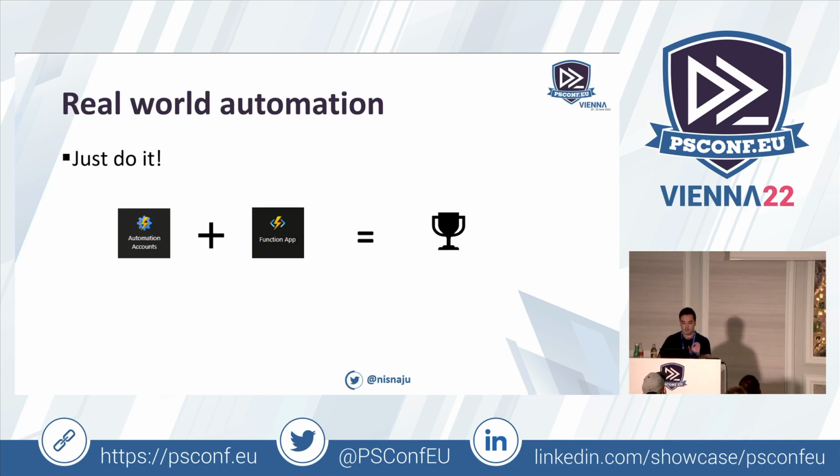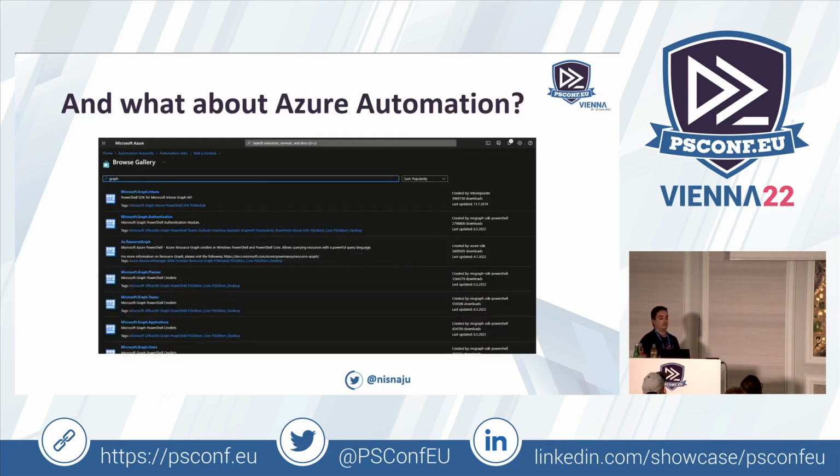Azure Automation has one really, really cool thing, and this is the direct integration into PowerShell Gallery. You can import any PowerShell Gallery module into your automation account, for example the Graph SDK. The screenshot proves it, and then use it. No more need for a local server or these legacy things. You can do this all in the cloud.